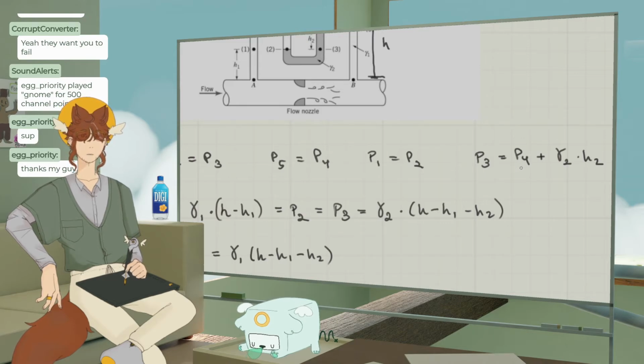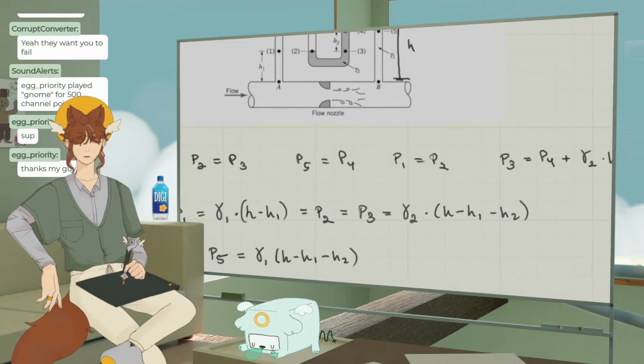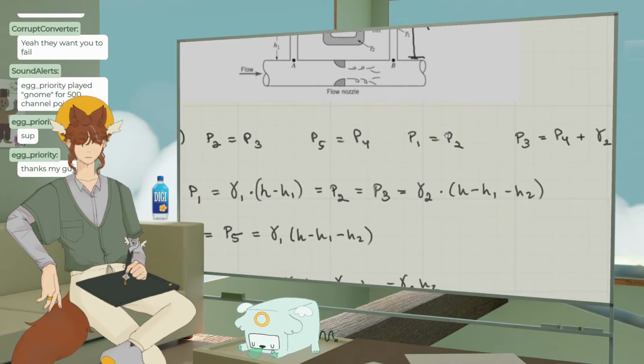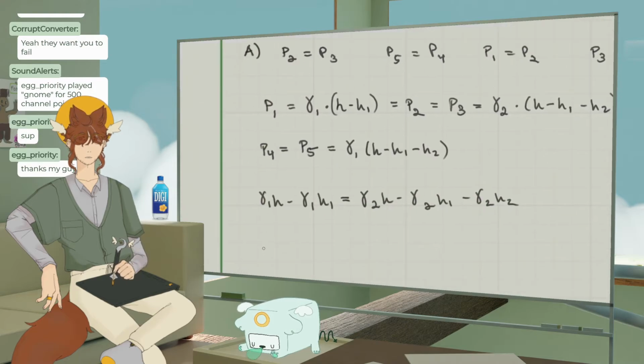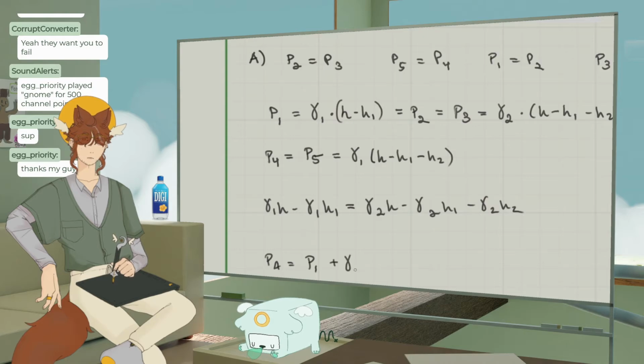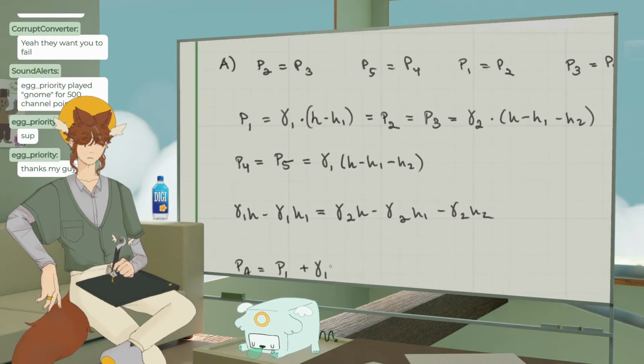It still doesn't give us the pressure at A and the pressure at B. Oh, maybe that's what... Wait, am I silly? The pressure at A is going to equal P1 plus rho 1 h1.